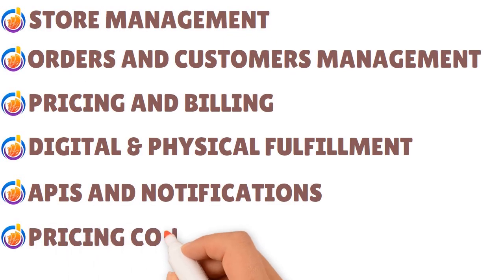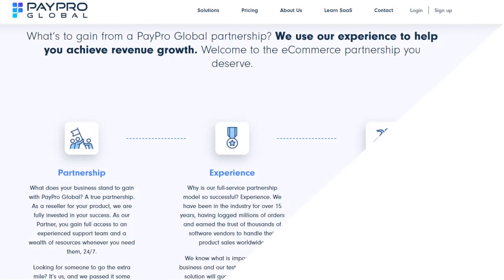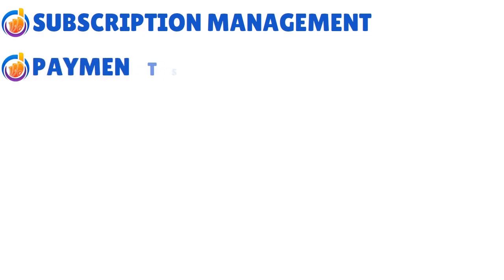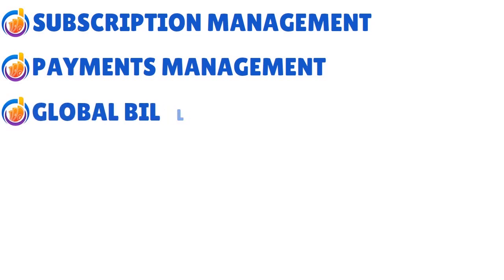You have pricing configuration. That's another module that we love a lot within PayPro Global, so that's kind of cool. You have selling and onboarding. You have subscription management. That's really powerful, we love that a lot. You have payments management. That's another important element to think about. You also have global billing currencies.